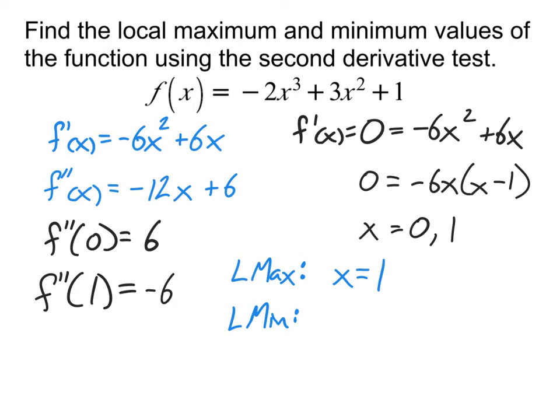Remember, a local maximum is where the second derivative is negative. Now, the other one was positive, therefore, that's a local minimum. And so those are our answers. We got a local maximum at 1, and we have a local minimum at 0.